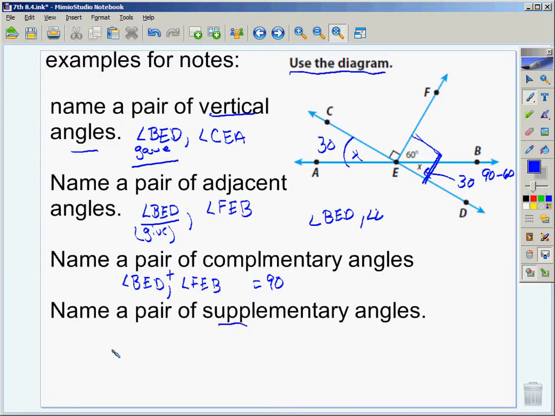There's lots of supplementary angles, so I'm going to give you one. CEA. I'm going to give you this one. What's supplementary to it? Are we stretching over there, or do we know the answer? Stretching. Okay? Remember, to be supplementary, want to give it a shout, Rochelle? CEF wouldn't make a straight line, so it would not be supplementary.